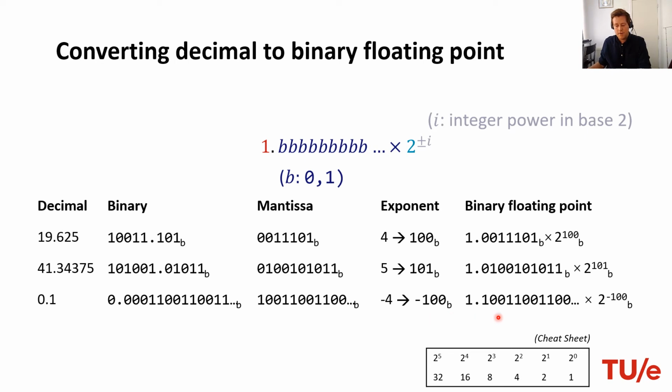So in binary floating point representation, 0.1 would be simply this 1.1001100110011001, etc. times 2 to the power -100. So this is all once you've gotten the idea of how to convert decimal numbers to binary numbers to binary floating point numbers. This is not very, very complicated.